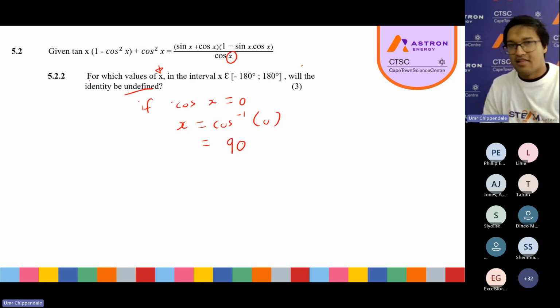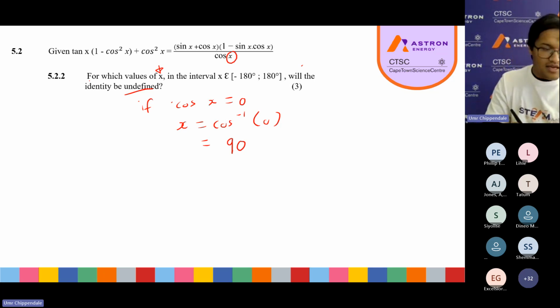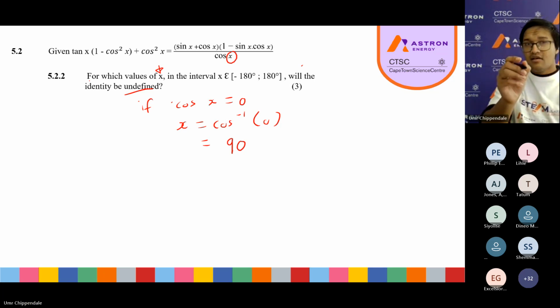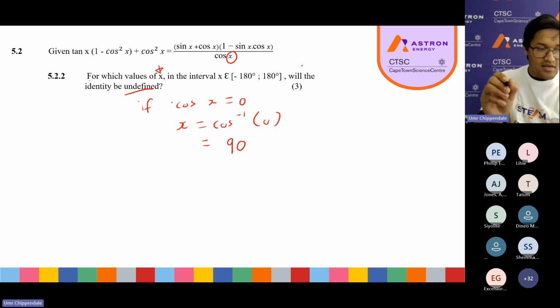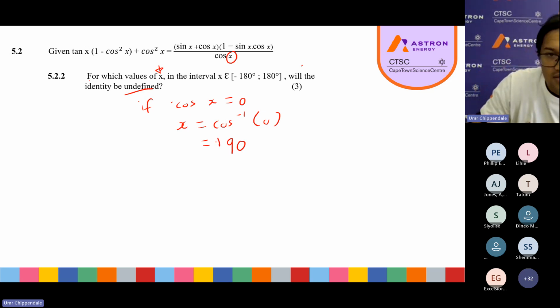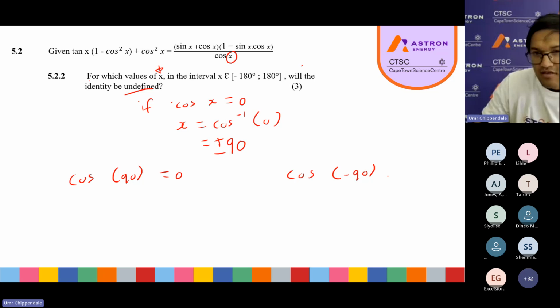Now, don't just write 90, because your answer has to be plus or minus. The reason I say that is because cos of 90 will equal 0, and cos of negative 90 will also be equal to 0.